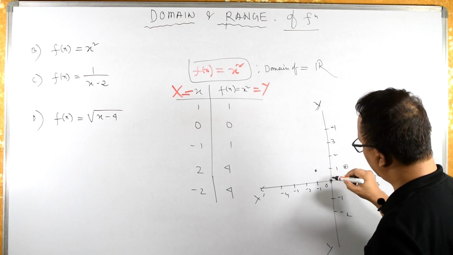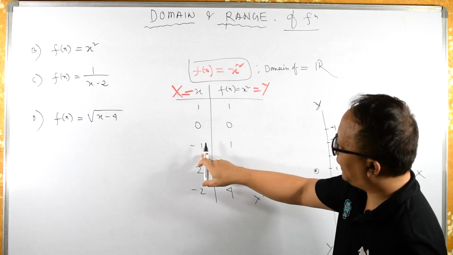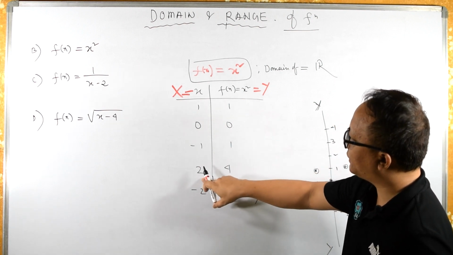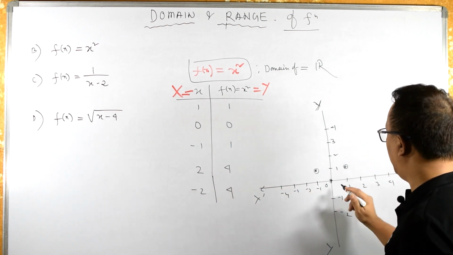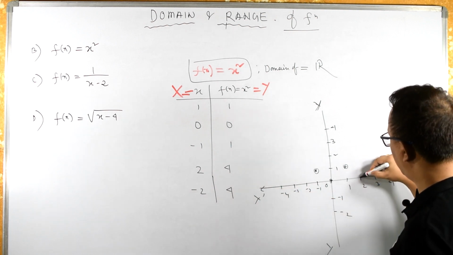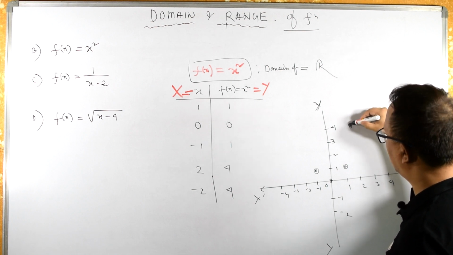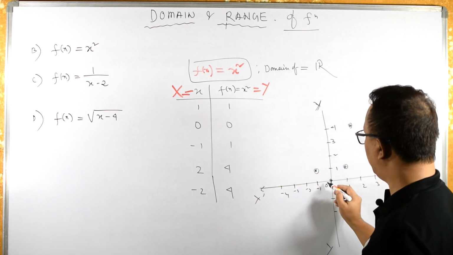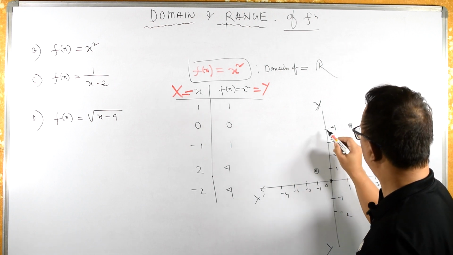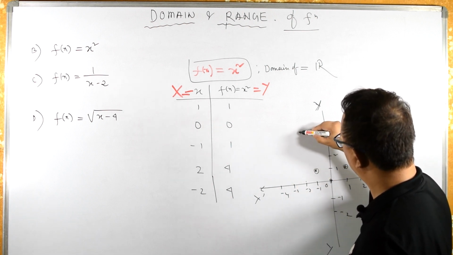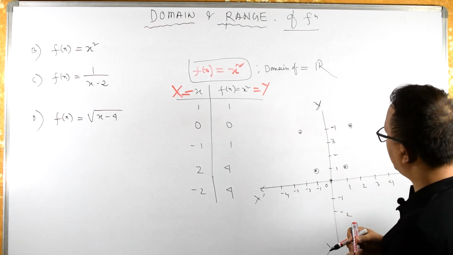Then 2: x is 2 and y is 4. And then x is minus 2 and y is 4. These are all the points.